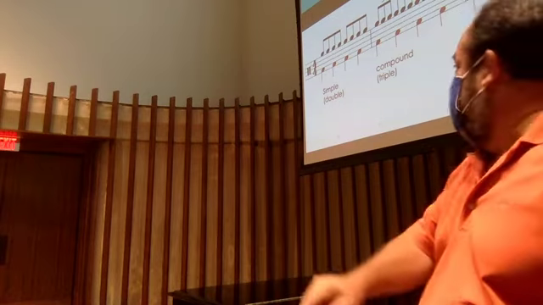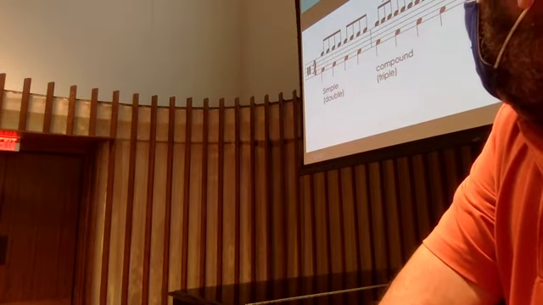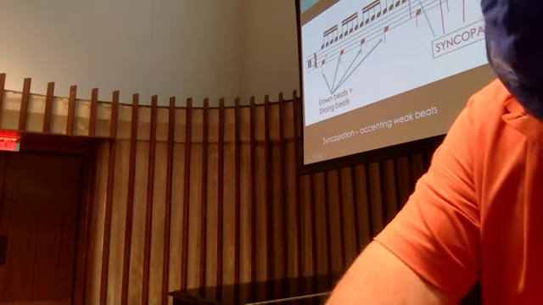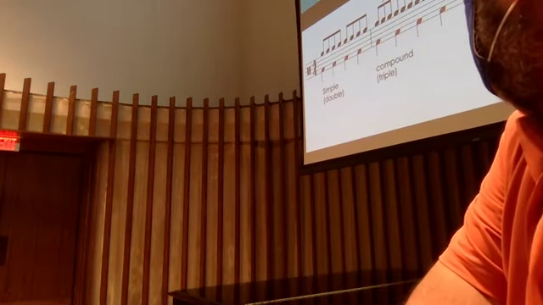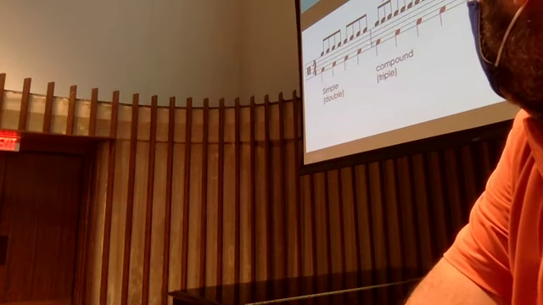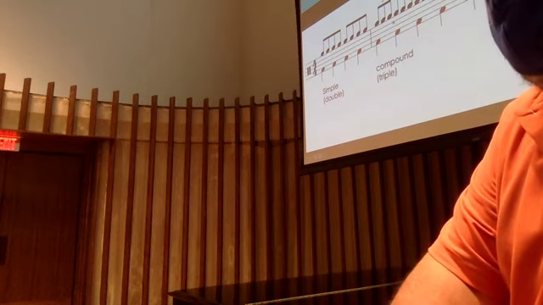So I'm subdividing this 1 beat into 2. Okay, so each beat is subdivided into 2. Now I can subdivide each beat into 3, and that's pretty easy to see here, right?